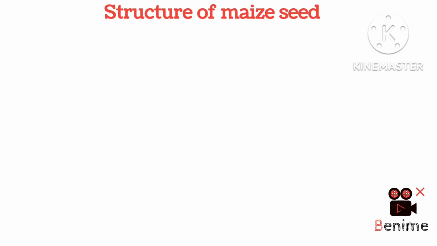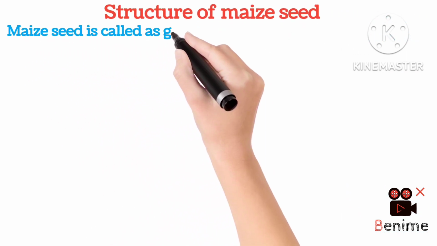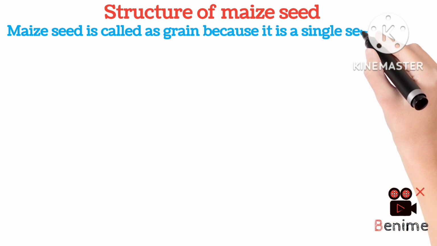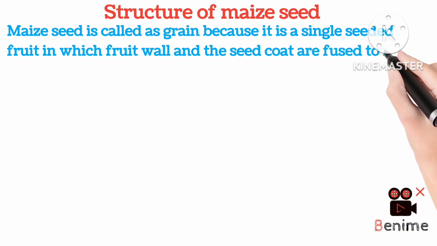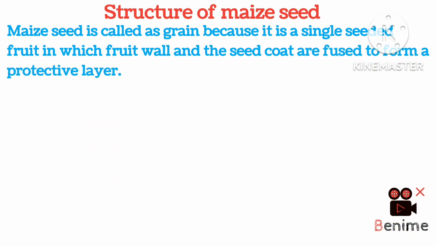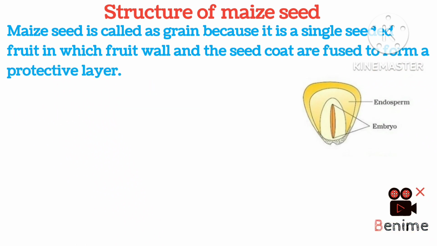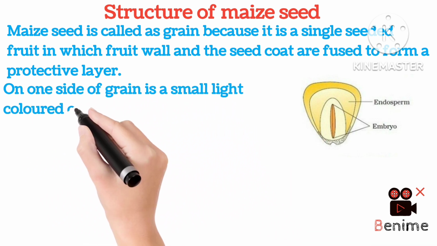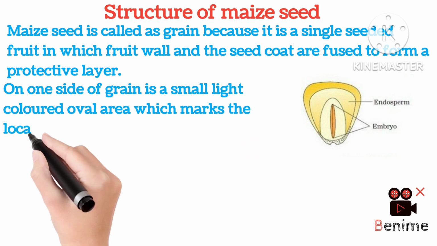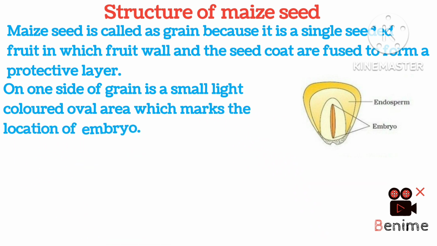Structure of maize seed. Maize seed is called a grain because it is a single seeded fruit in which fruit wall and seed coat are fused to form a protective layer. On one side of the grain is a small light-colored oval area which marks the location of embryo.